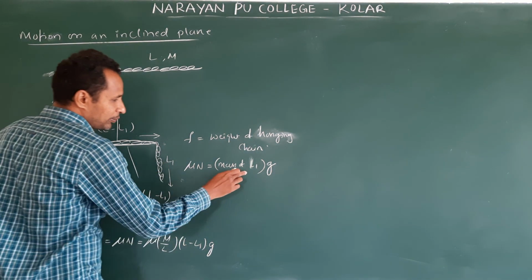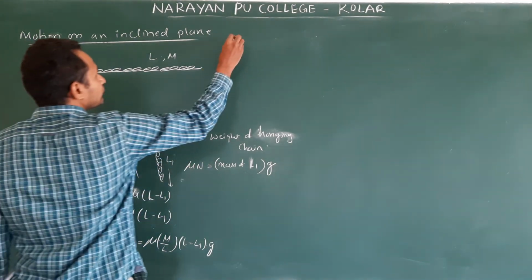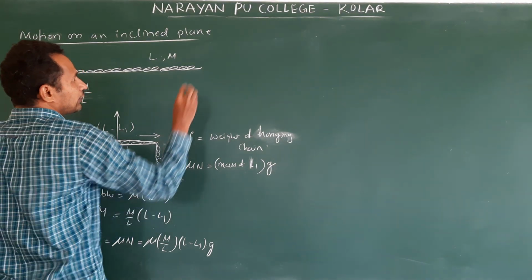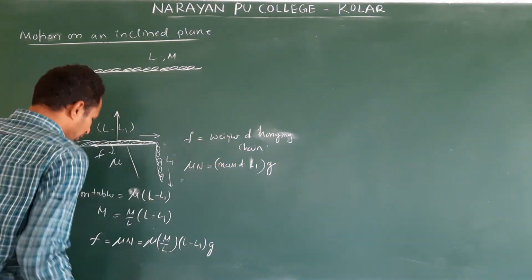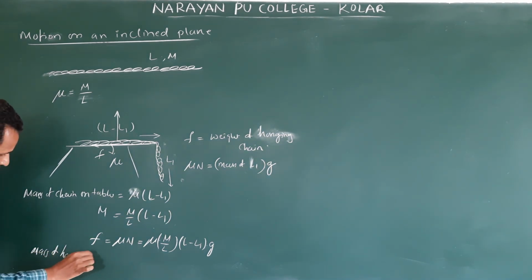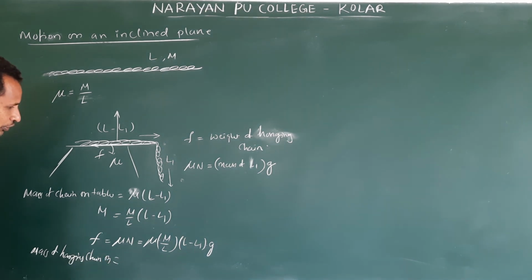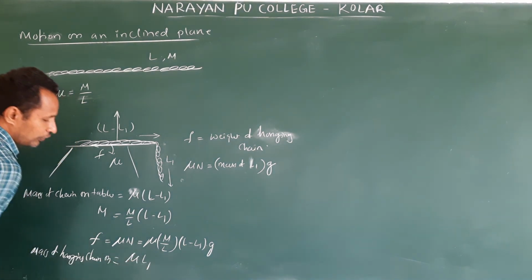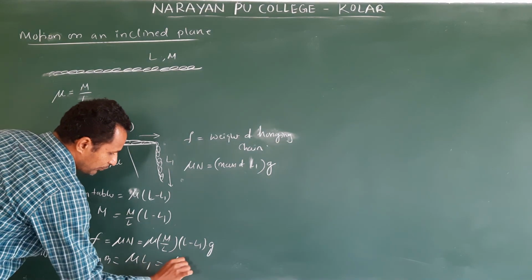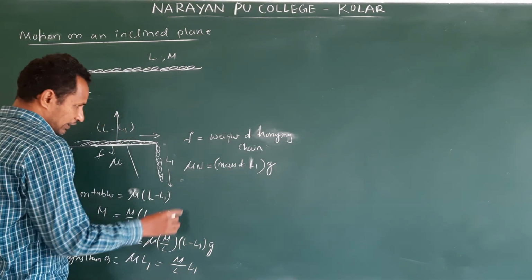Next, how do you write the mass of the hanging chain? Mass of hanging chain is equal to linear density into L1. So this density value is what? M by L into L1. Now substitute here.